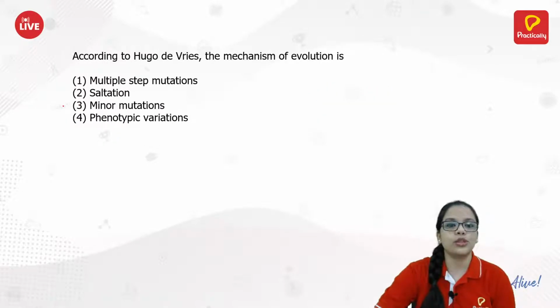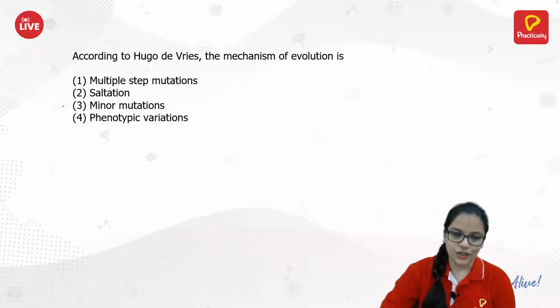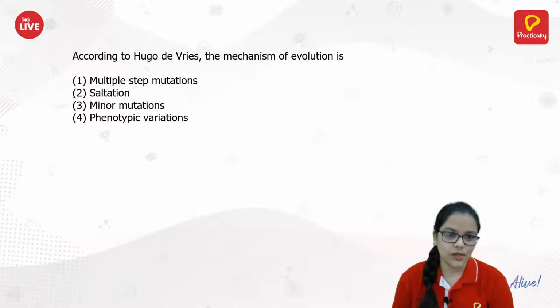Now, according to Hugo de Vries, the mechanism of evolution is: multiple step mutations, saltations, minor mutations, phenotypic variations. Saltation was given by Hugo de Vries.